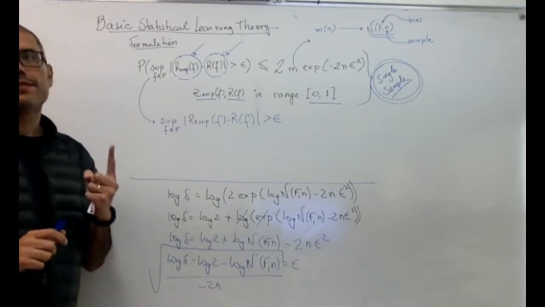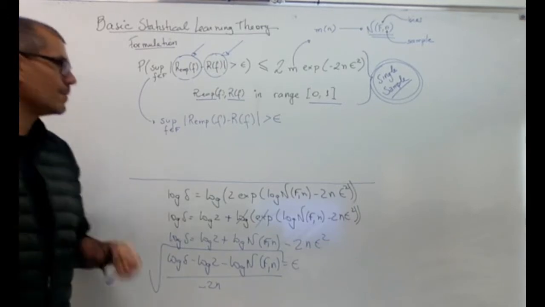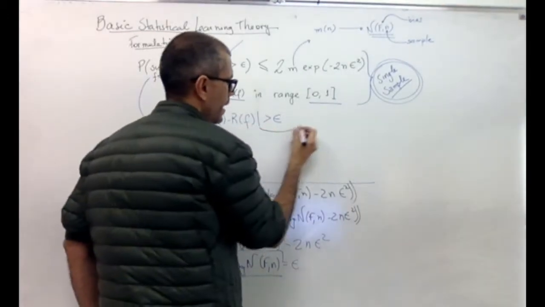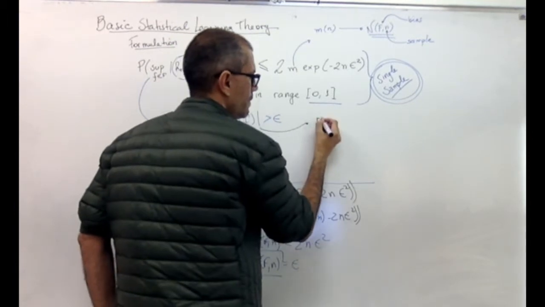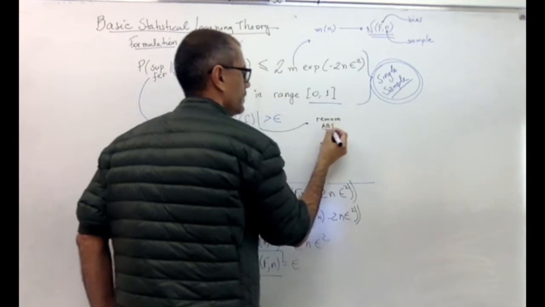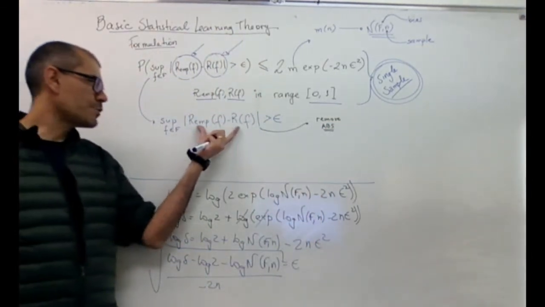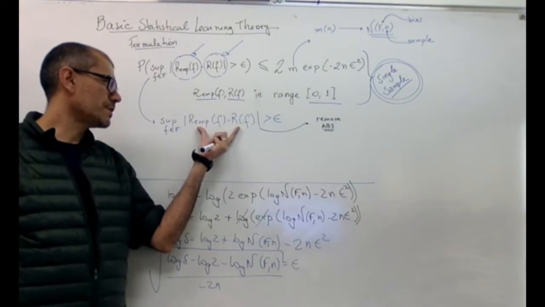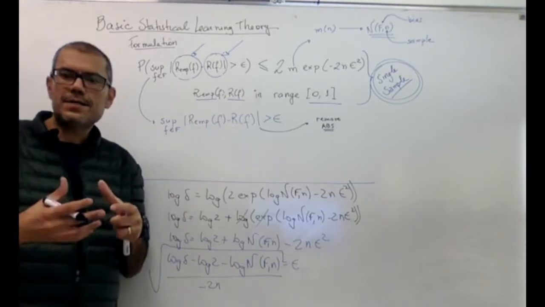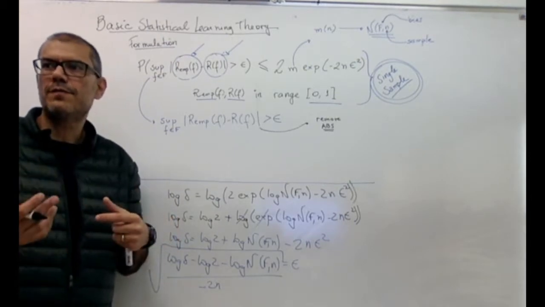And now we have to somehow remove the absolute value. How can we remove that absolute value? Are we sure that one of those risks is greater so that we can avoid the absolute value?